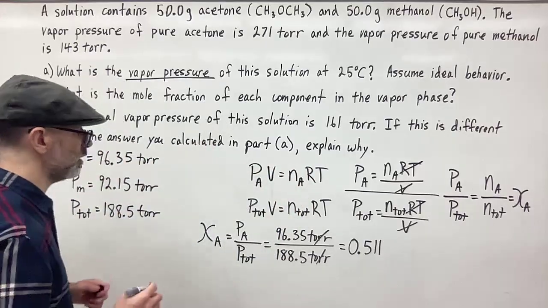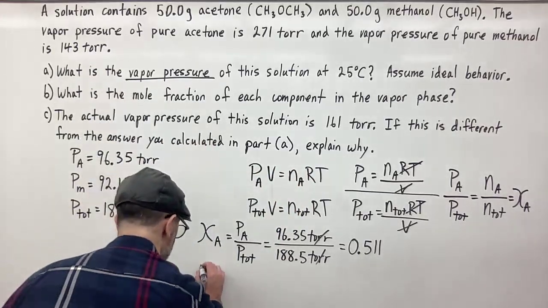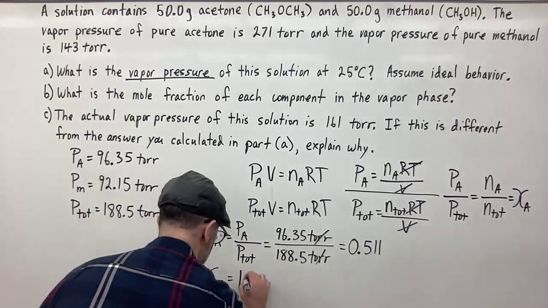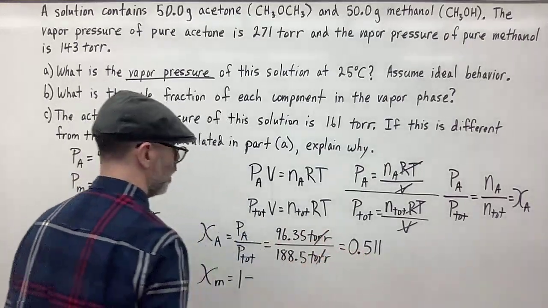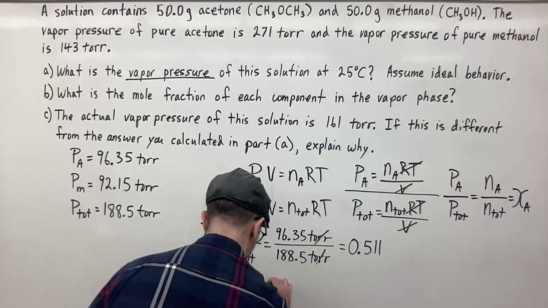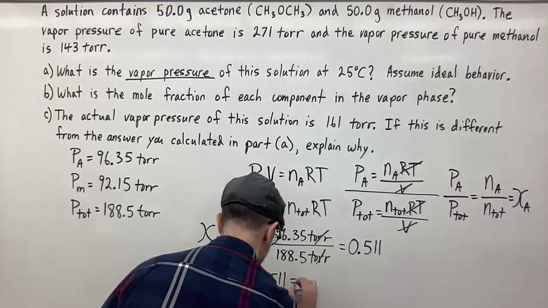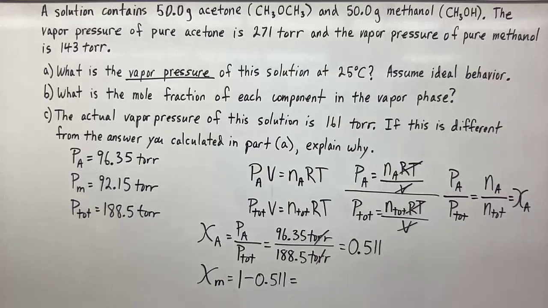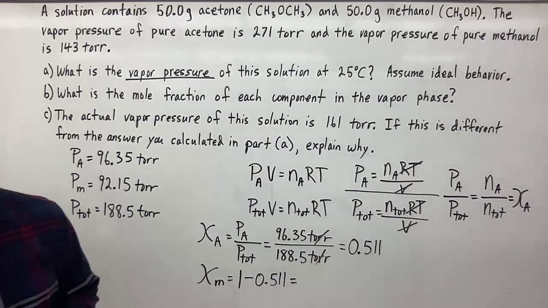So the mole fraction of methanol is equal to 1 minus the mole fraction of the acetone, 0.511. And when we calculate that, we get 0.489.